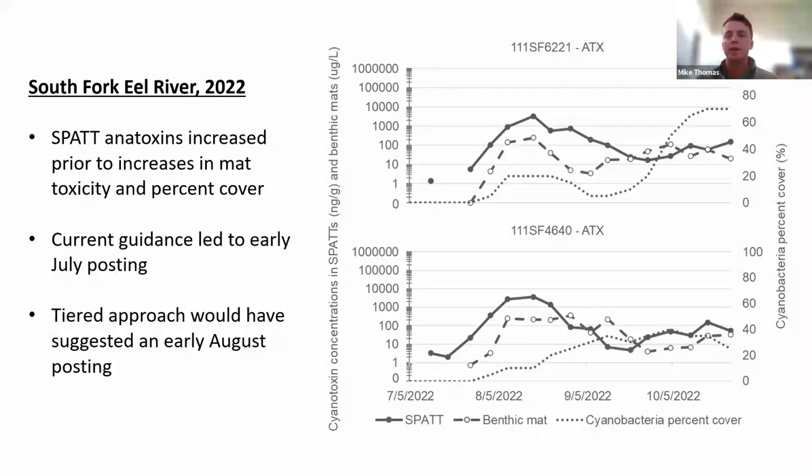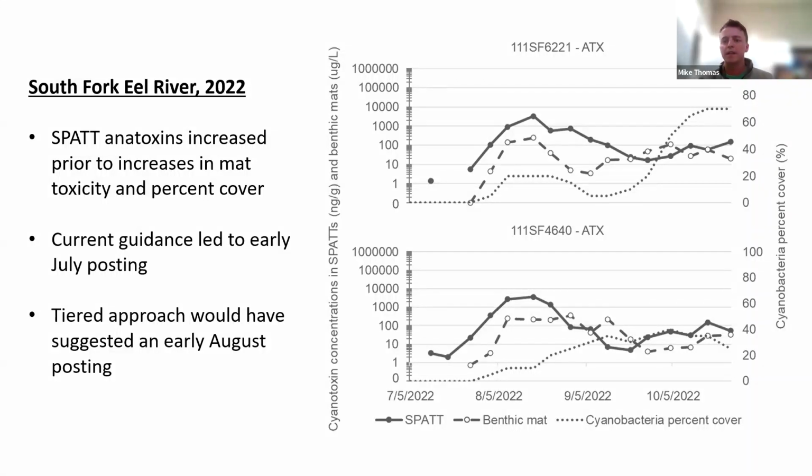So you're going to have your time on the horizontal axis. Then on your left vertical axis, you're going to have cyanotoxin concentrations in spats and benthic mats. And then on your right vertical axis, you're going to have cyanobacteria percent cover. So spat measurements are shown in the solid line and closed circle, benthic mats in that dashed line and open circle, and then cyanobacteria percent cover is the dotted line.